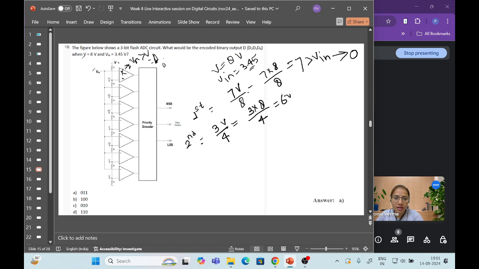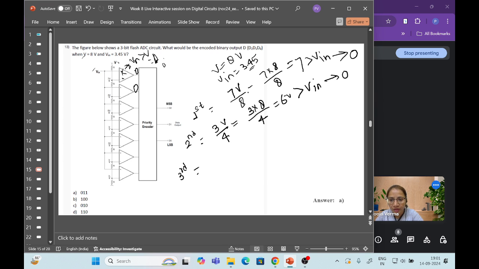Again the negative input is greater than V in, 3.45, so it will generate the output 0 again.